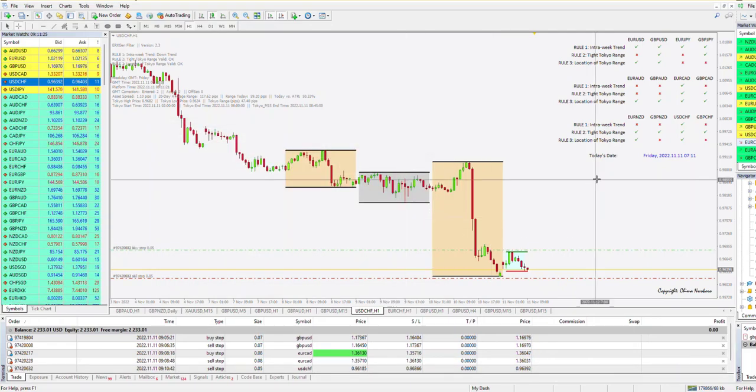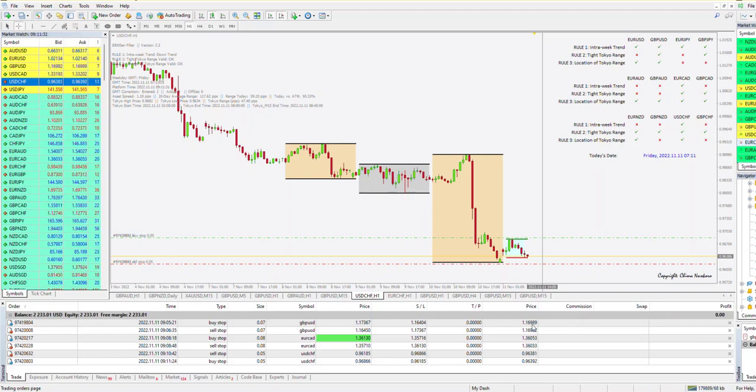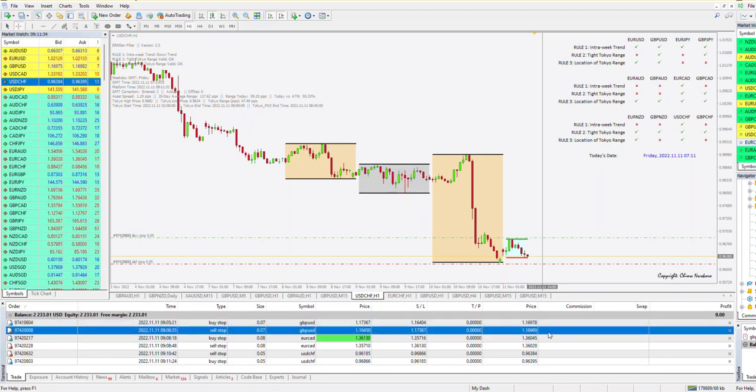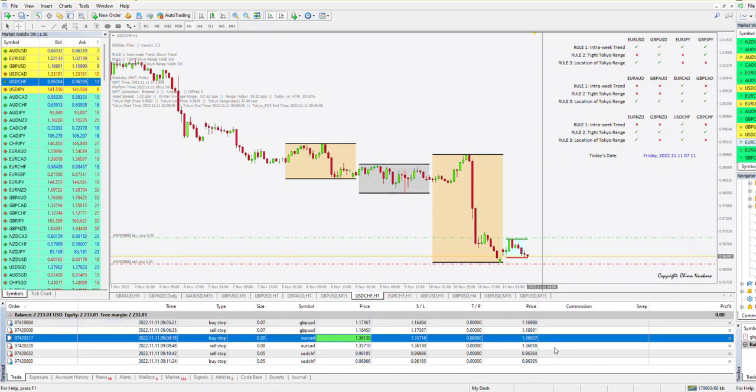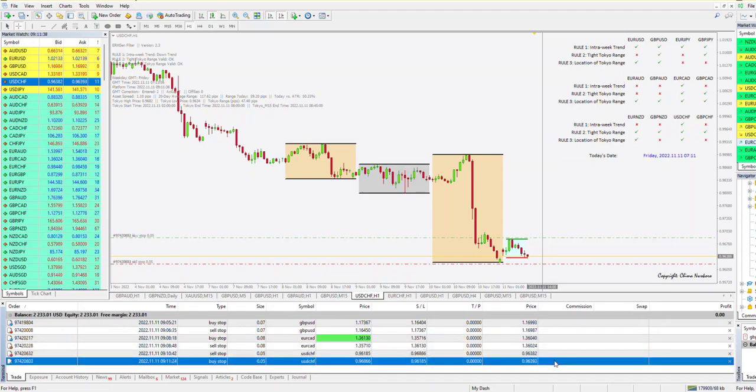Place. Boom. That's us ready now. So you can see now we have six trades: 2 for GBP USD, 2 for EURCAD, and 2 for USD CHF.